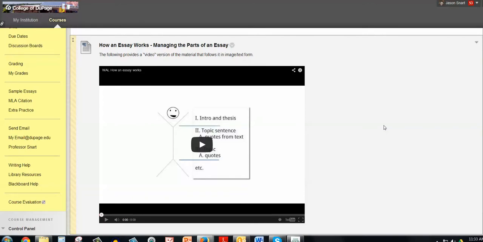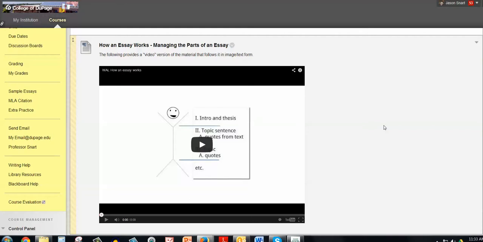So the concept or the premise that we're covering here is, I think, maybe one of the most important foundational principles that we can learn in composition, especially for the kind of writing that we're doing, which is college level academic, argumentative, or interpretive writing. So you provide a thesis, topic sentences, proof in the form of quotation, that kind of essay.